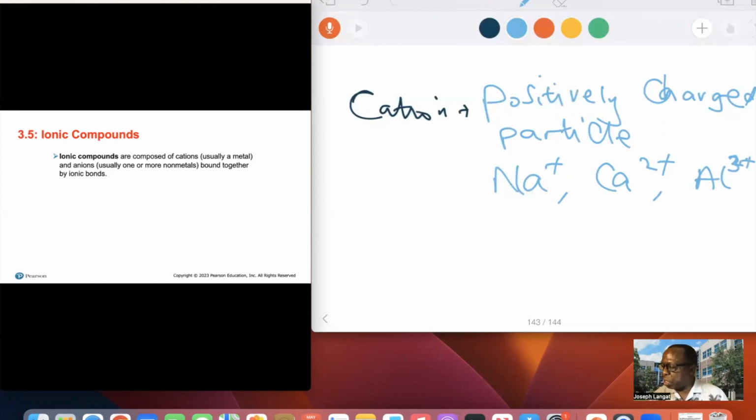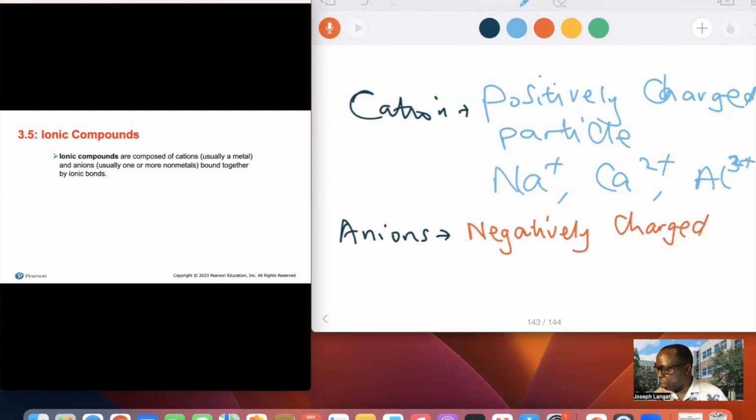You will see how you can use the periodic table to predict the ionic charge for main group elements. And then anions, right here, they are negatively charged particles. This includes O2 negative, F negative, Cl negative, N3 negative, or P3 negative.